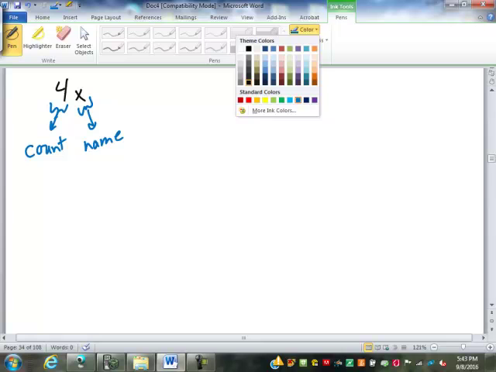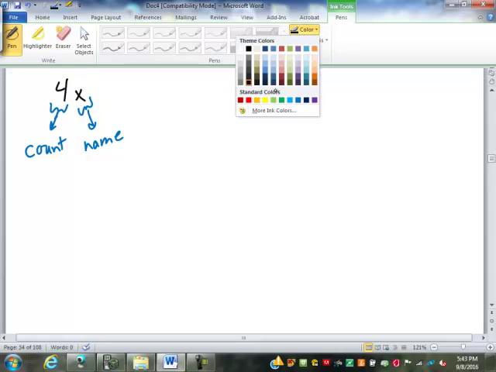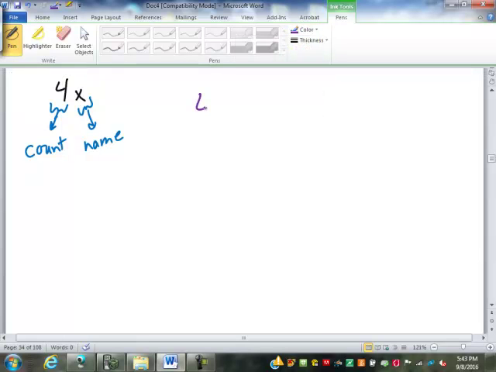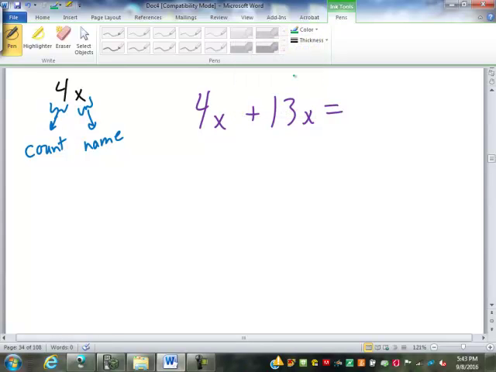And those variables, those algebraic numbers, work just like our whole numbers, our fractions, or decimals. When we go to do operations with them, if I have 4x plus 13x, when I add or subtract, remember there's two things. One, I must have the same name.